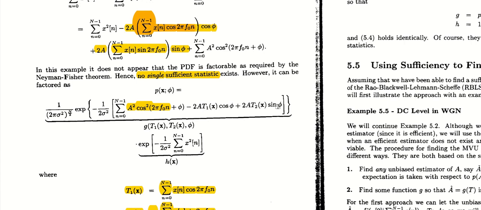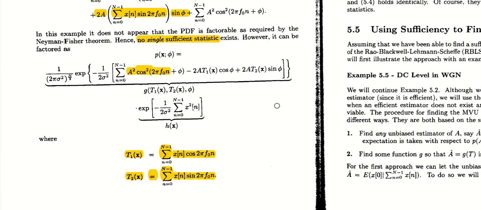So you have T2 multiplied by sine. Okay, so now then we will be able to write this into g of T1 x, T2 x and phi, right? In other words, phi interacts with data through what? Through T1 and T2 jointly.